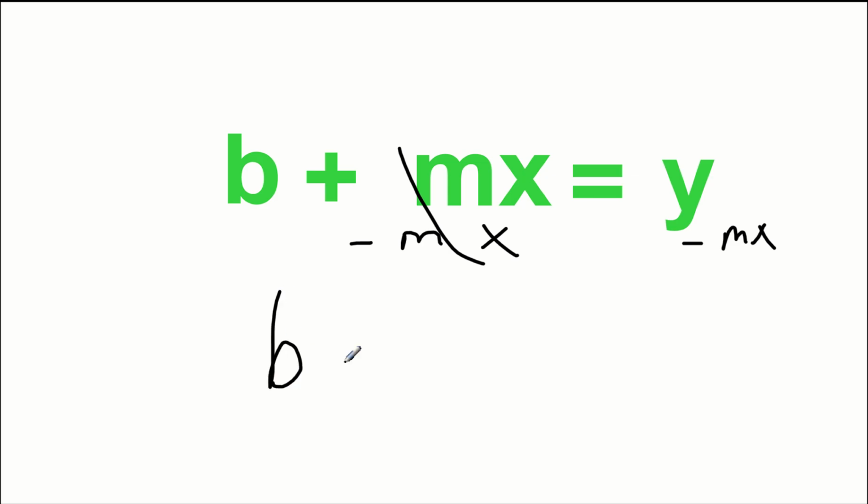So what that gives me is b equals y minus mx. And that is how we're going to find the y-intercept, by doing y minus mx. So on your boards there, write that down so you have that today. Every time, we're going to need to do y minus mx.